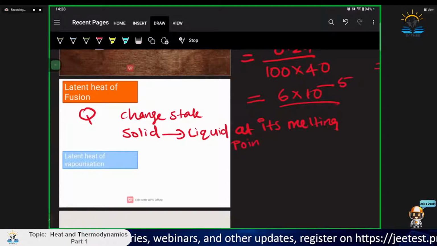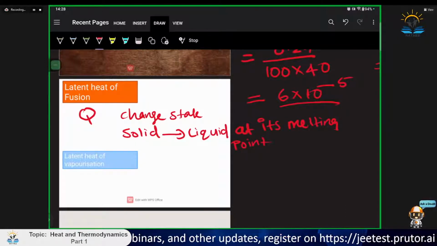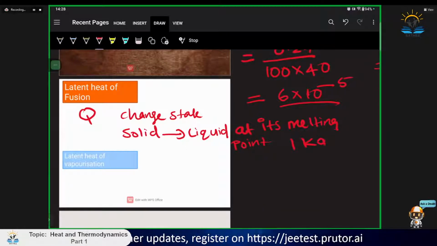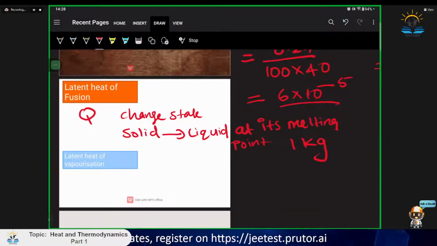Of how much substance? 1 kilogram of substance. These terms should be in mind while solving the question.